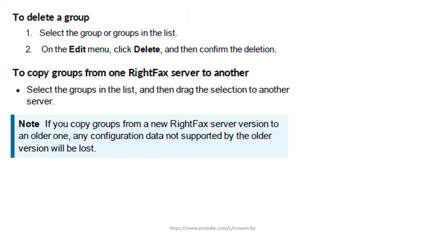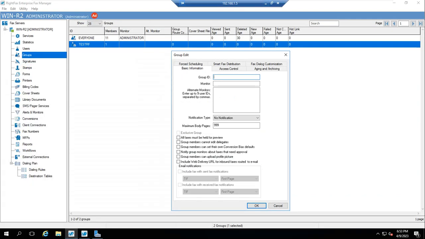For the rest of the options, let's see. For the group ID I'm giving RightFax group, or RightFax Z. The rest of the things you can leave as default. If you want to change, you can.